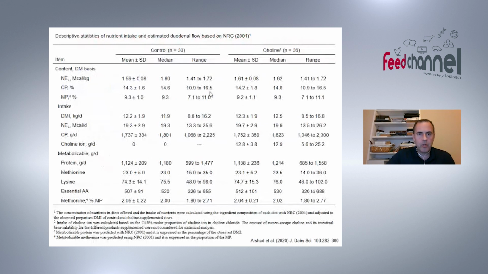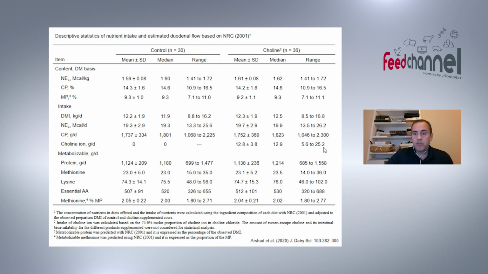So here's just to show there were 30 treatment means in which cows received no choline. In every single experiment, there was an untreated control group in which they received 0 grams of choline ion. And then there were 36 treatment means in which cows received some amount of choline that ranged from 5.6 to 25.2 grams.